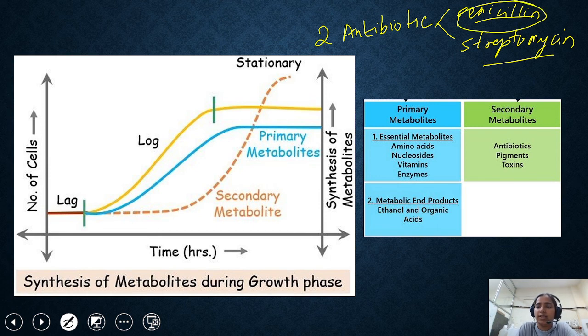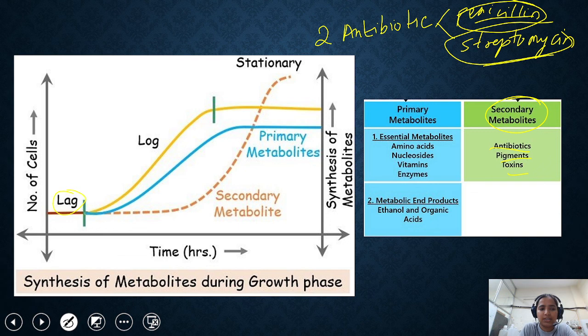Both the antibiotics, penicillin and streptomycin, are secondary metabolites. What are secondary metabolites? Like antibiotics, pigments, toxins, and others. What happens when the growth of any microorganism occurs? It usually occurs in 4 different phases.